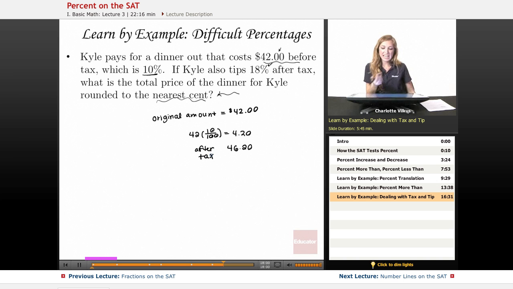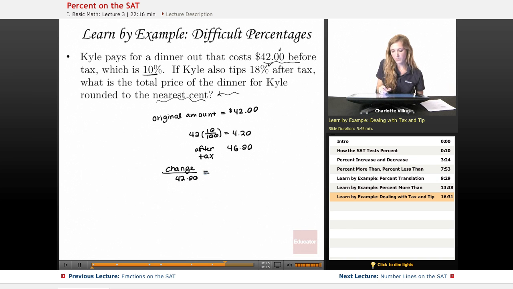We could also look at it as a change. So we're obviously going to change our total amount when we have tax added, and we could do the change over the original, which in this case is $42, is going to be equal to the percent that we change it by, so 10 over 100.